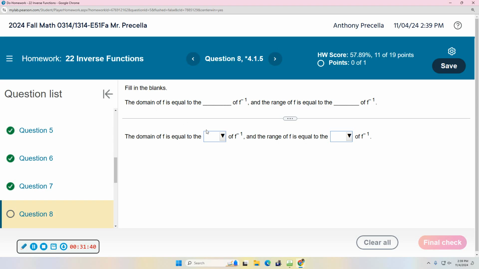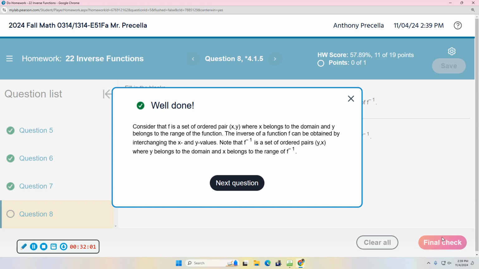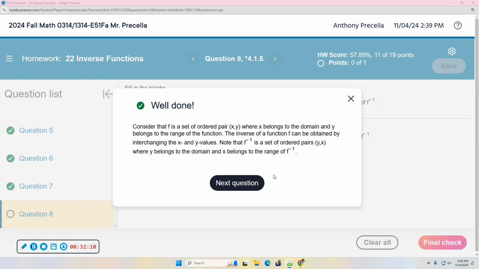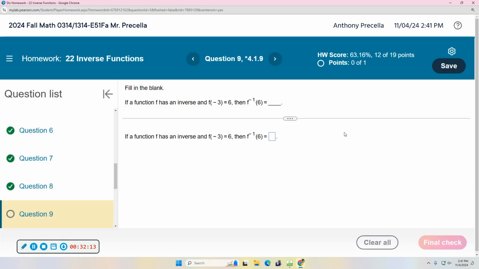The domain of f is equal to the range of f inverse, and the range of f, the original y values, are equal to the, you tell me, domain of f inverse. And that's a direct result of the way that we're reversing those x's and y's. Okay, next question.